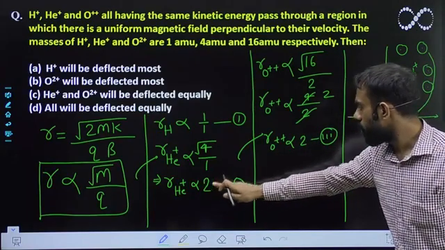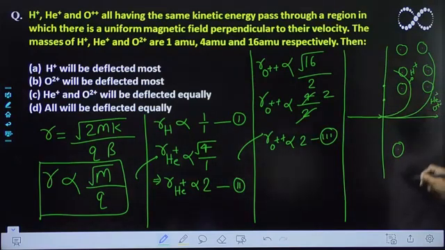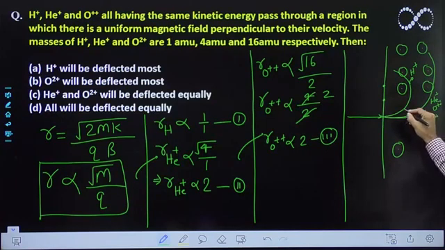So this is the path of helium and oxygen. Now you can easily see from the figure that helium and oxygen are getting deflected less. See, this is the angle. Suppose this is alpha and this angle is beta, so obviously alpha is less than beta, so the helium and oxygen are getting less deflected.